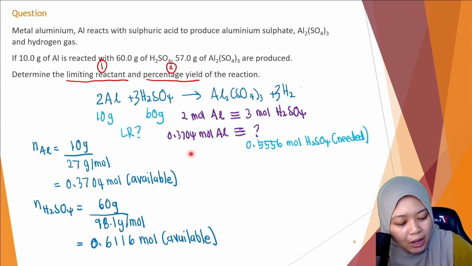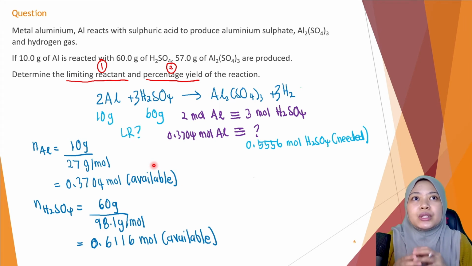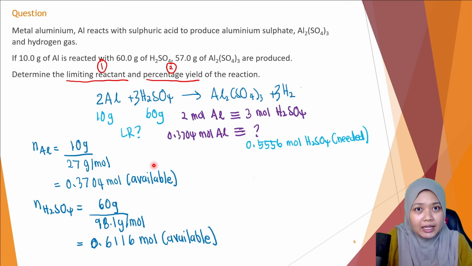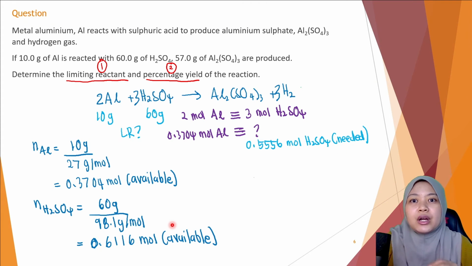Maksudnya, awak ambil available H2SO4 letak sini dan awak cari needed aluminium. Then you compare needed aluminium, which is kita tak tahu berapa nilai dia, dengan available aluminium to determine aluminium ni excess or limiting. Dalam perkiraan madam, since madam dapat needed and available H2SO4, madam tengah nak tahu H2SO4 ni limiting or excess.